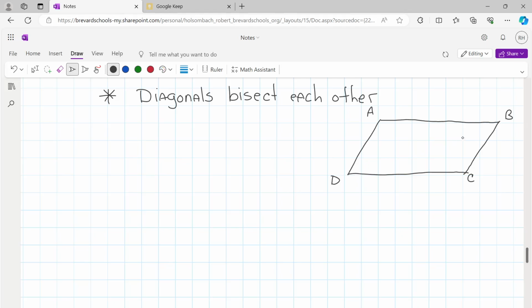all right, diagonals connect non-consecutive vertices. So D to B is one diagonal, and A to C is another diagonal.